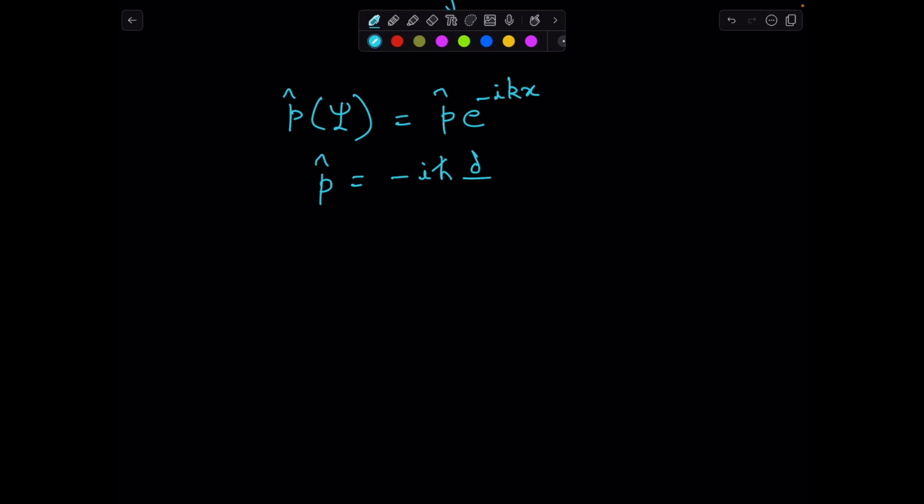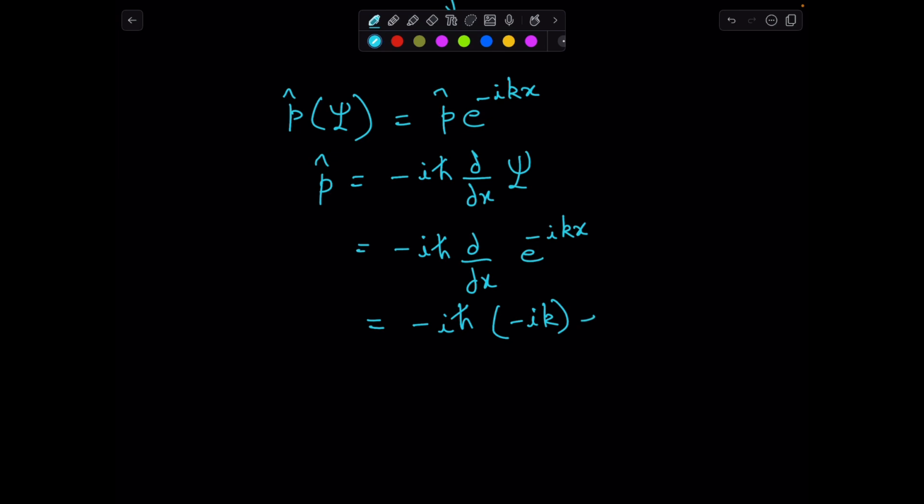Part B. Let us operate the linear momentum on xi. This time xi equals e power minus ikx. The linear momentum is negative i h cross d by dx, so we get negative i h cross d by dx of e power minus ikx. d by dx of minus ikx would be minus ik times e power minus ikx. i squared is negative 1.